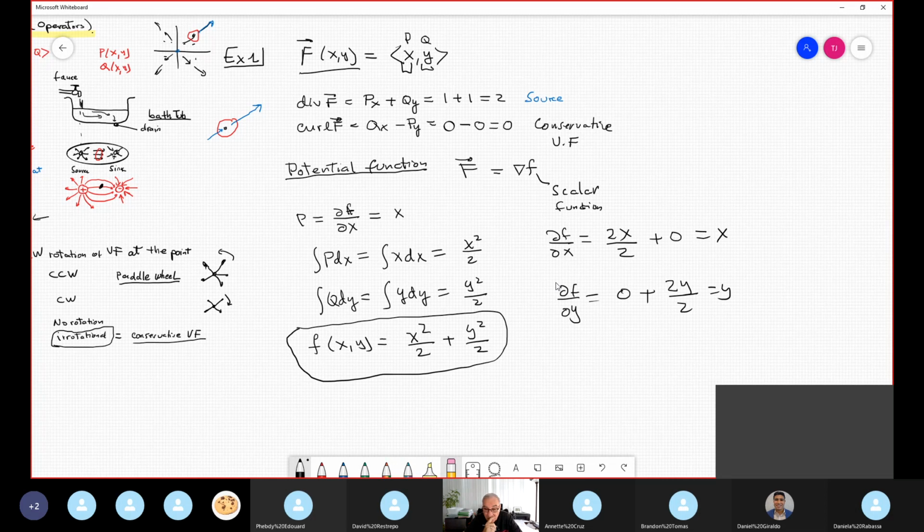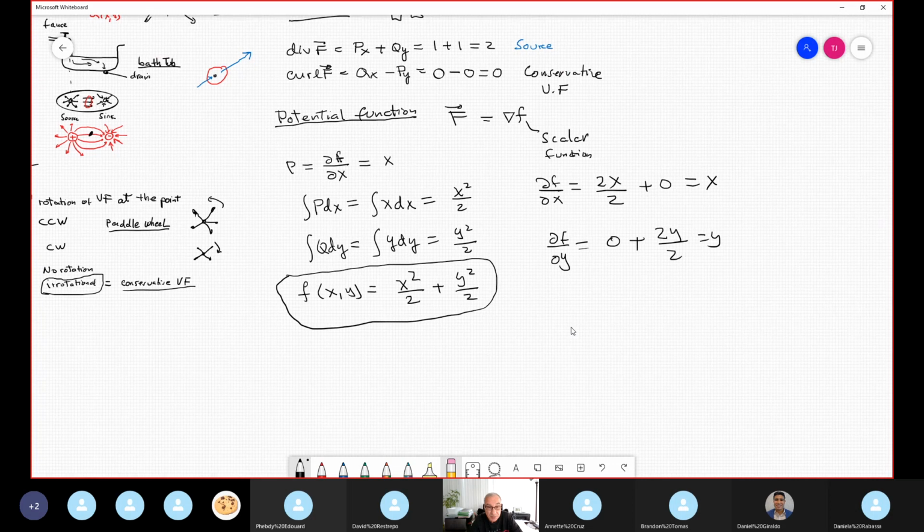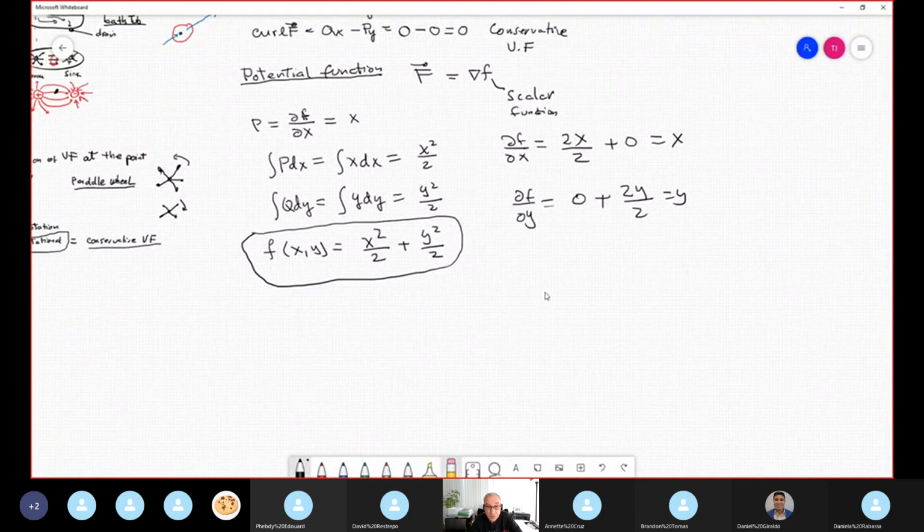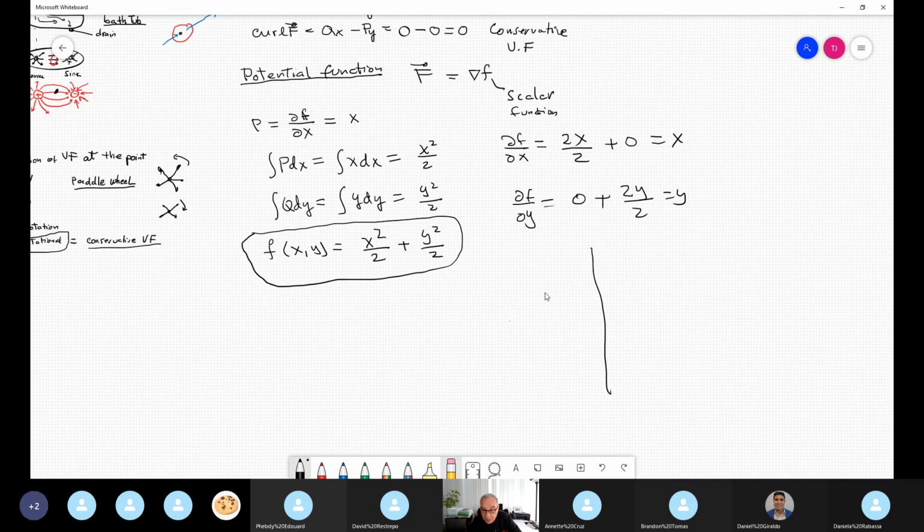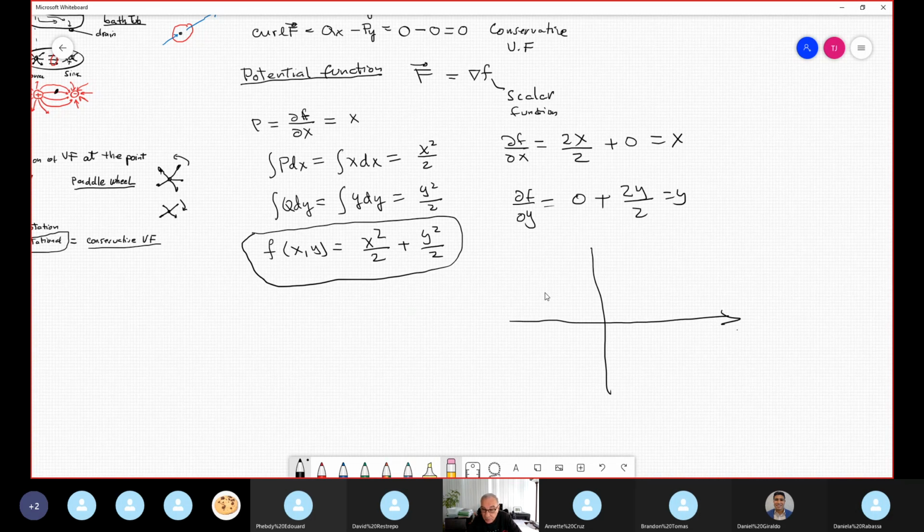However, I have more. One more detail. This potential function, look, I try to do the graph of this. I call x squared over 2 plus y squared over 2, the potential function, equals c.